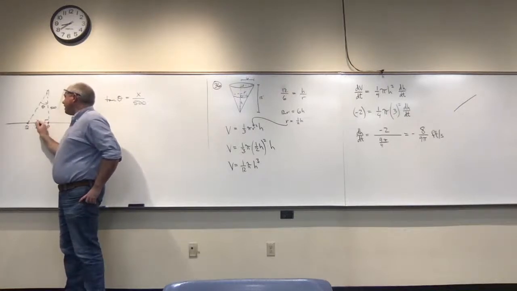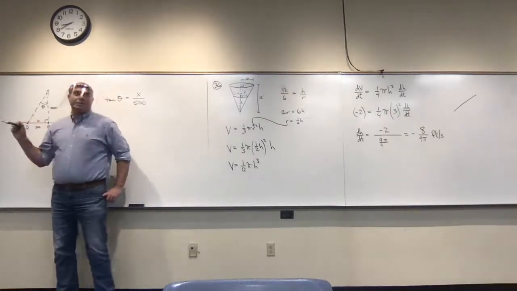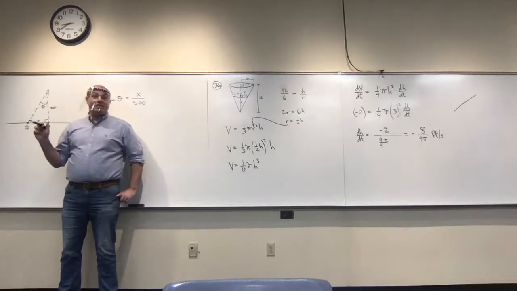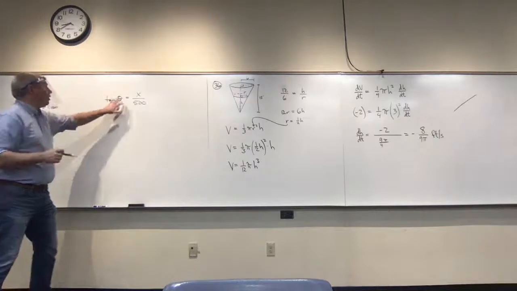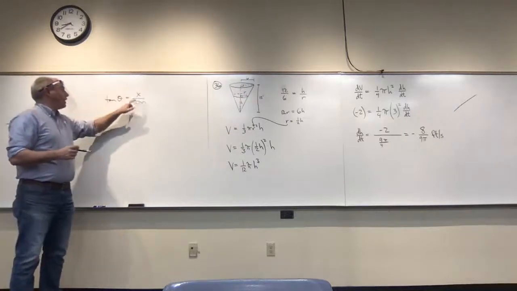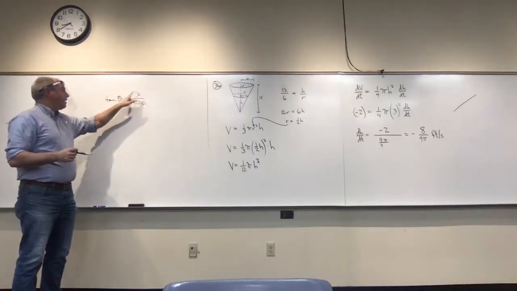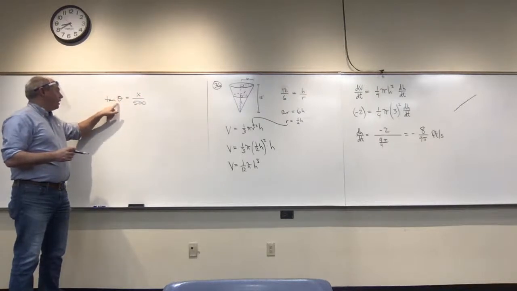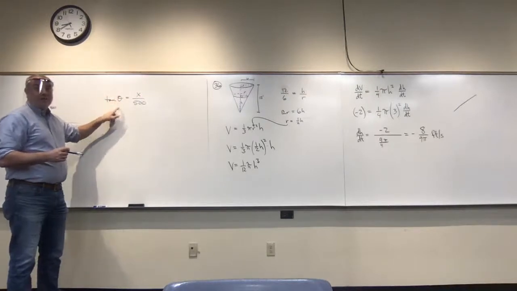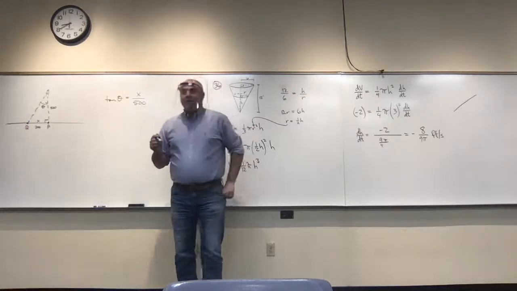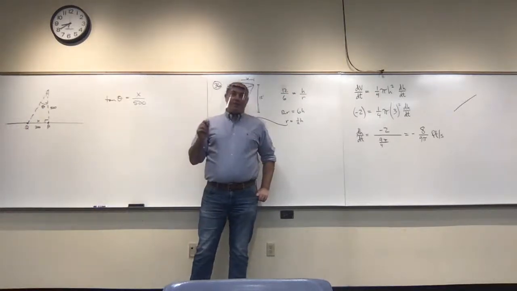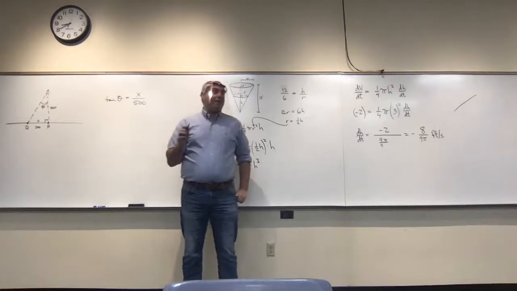What am I trying to find? dx/dt. If I take the derivative of this, I'm going to get a dx/dt, and I'm also going to get a d theta/dt. Do I know what d theta/dt is? I do, but I'm going to have to be a little bit careful.